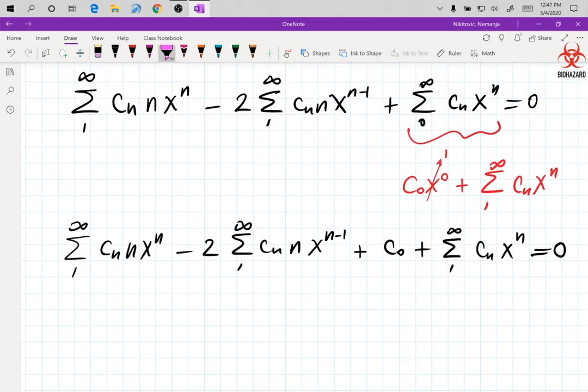If you take a look at these two series, they can be already put together into a single series. They start with the same number, and they both have the same power. It doesn't have to be 0, right?